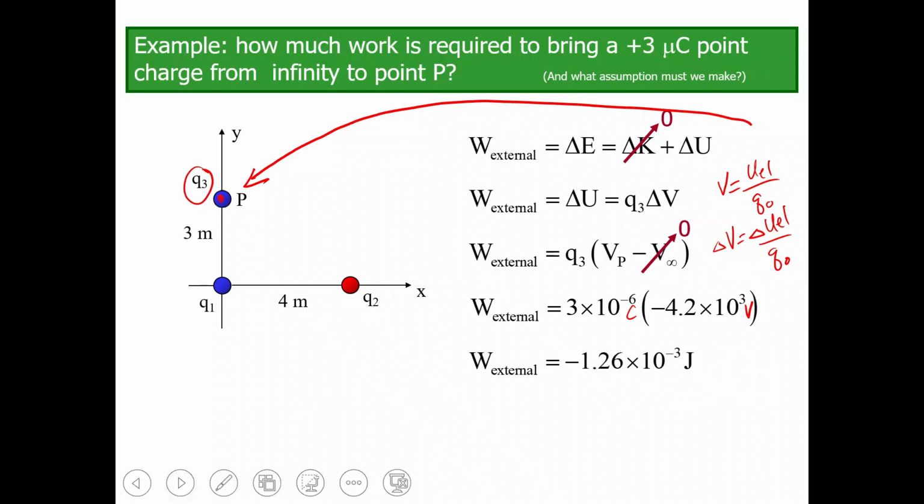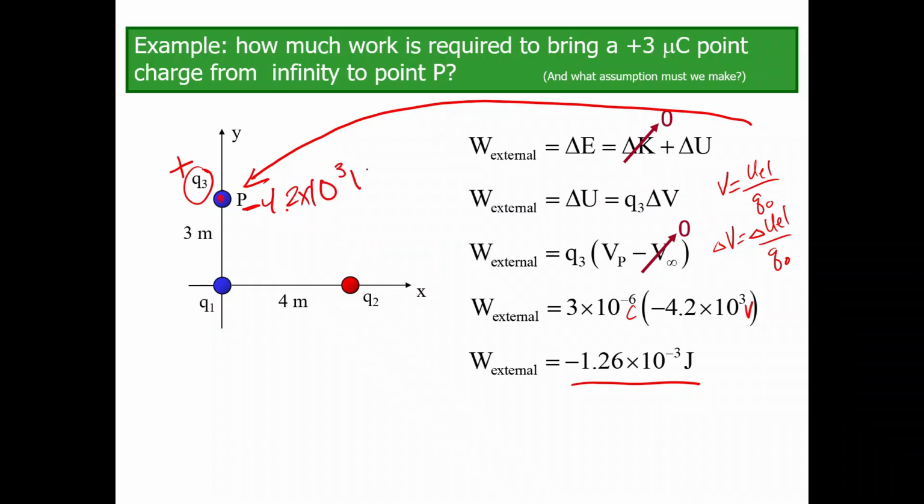we find that the amount of external work that has to be done is negative. So why is that negative? Well, if you think about it, we have a positive test charge, but our potential at this point was actually negative.